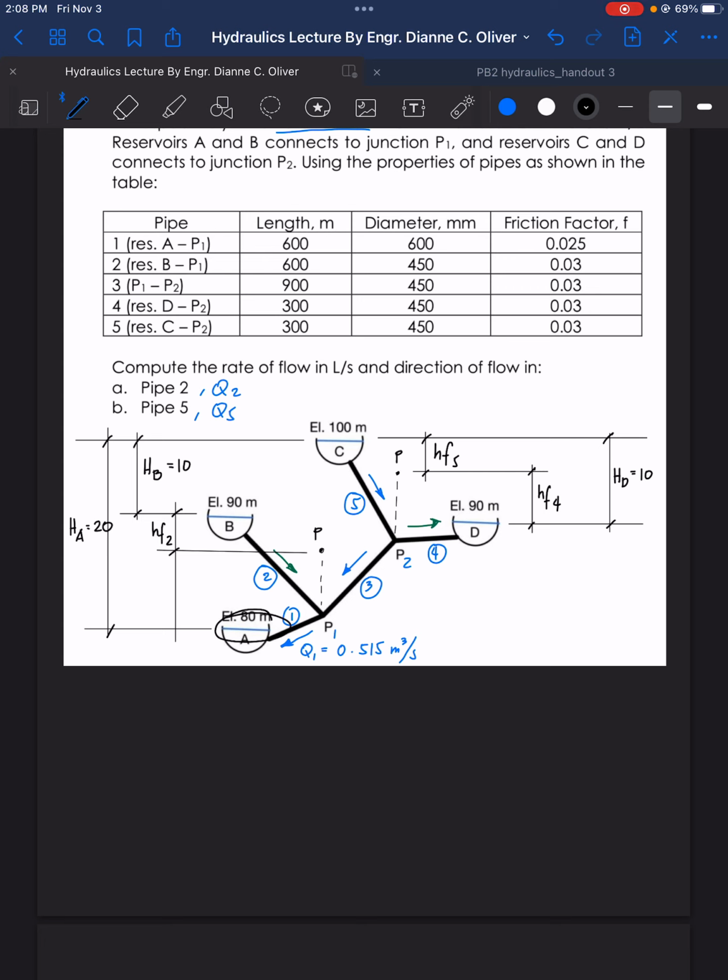Now for HF1, we have from elevation of A up to piezometer P. We also have for pipe number 3, piezometer to piezometer. That's the HF3.